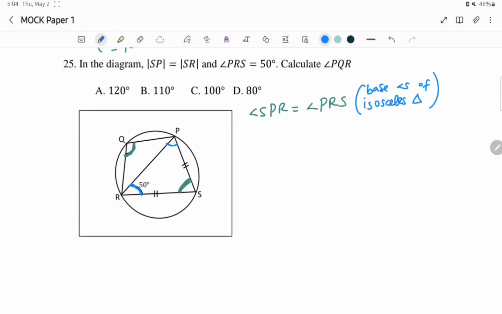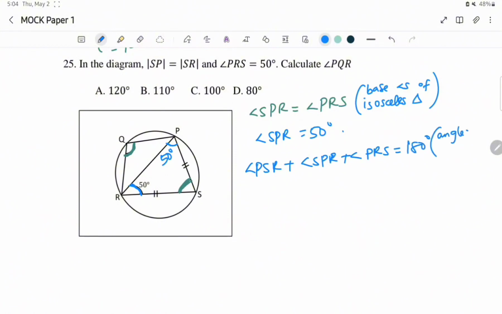Now, if they are equal, that means angle SPR is also 50 degrees. So if this is also 50 degrees, it is easy for me to find angle PSR. Angle PSR plus angle SPR plus angle PRS is 180 degrees, angles in a triangle.